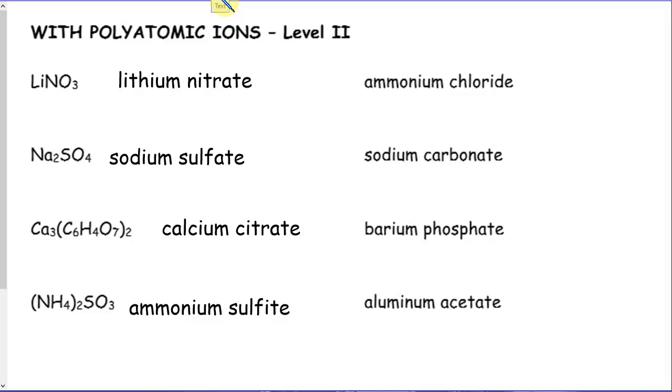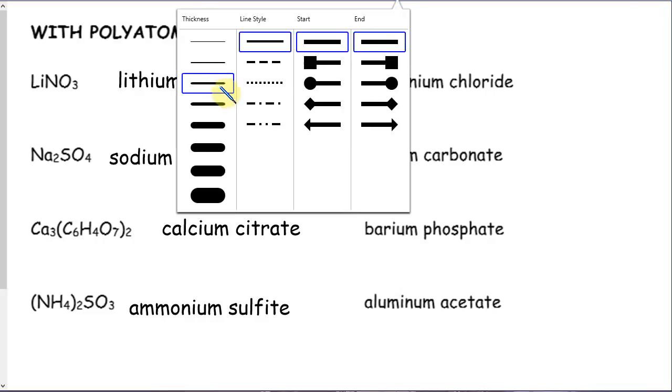Writing formulas is basically the same thing that we have done in the past. All you got to do is write your formulas and then do your crisscrossing. The only change here is when we write the subscripts, we need to put polyatomic ions in parentheses. And we'll show you how to do that here in just a little bit. I think I'm going to shrink down my writing tool here.